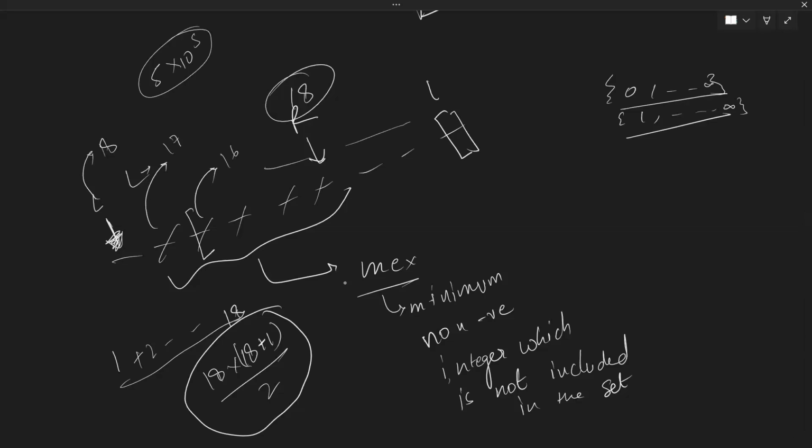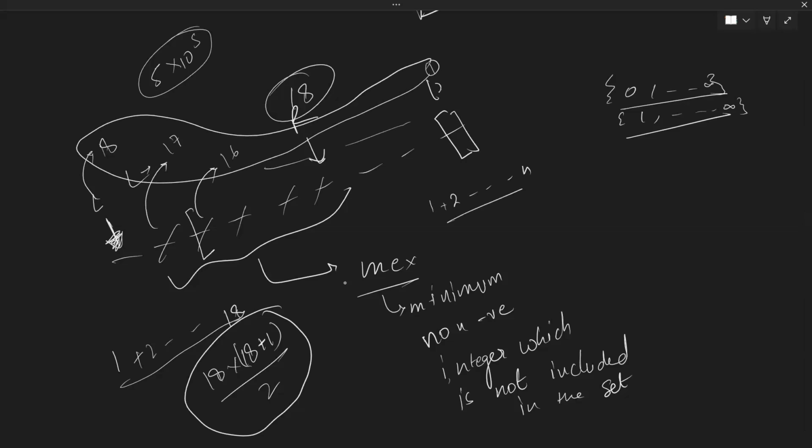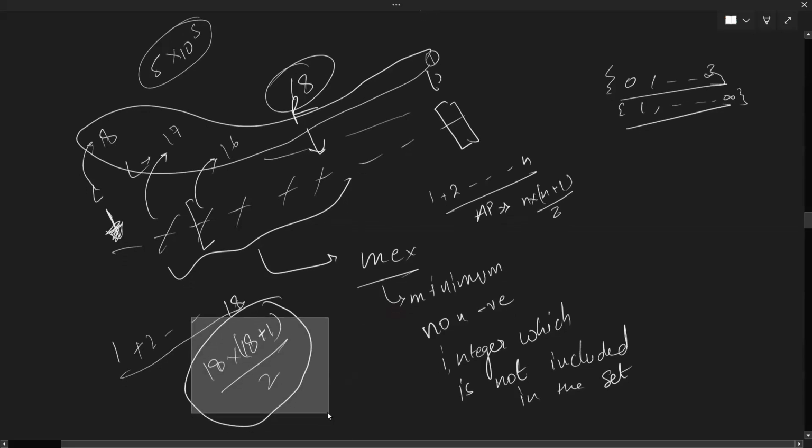So L is this, R is also this, one option. So it's just the sum of 1 to 18. And what is the sum of 1 plus 2 all the way up till n? This is an arithmetic progression. The sum is n into n plus 1 by 2. So this is how I have computed this, if someone was confused.